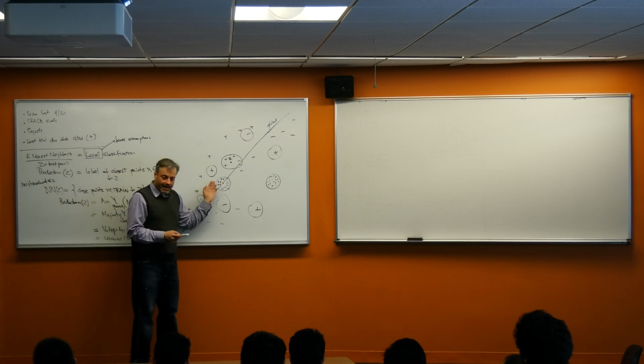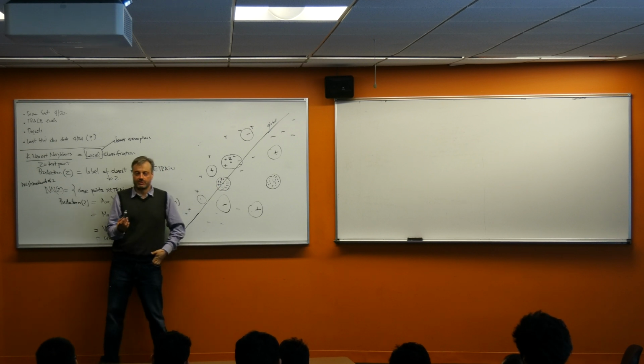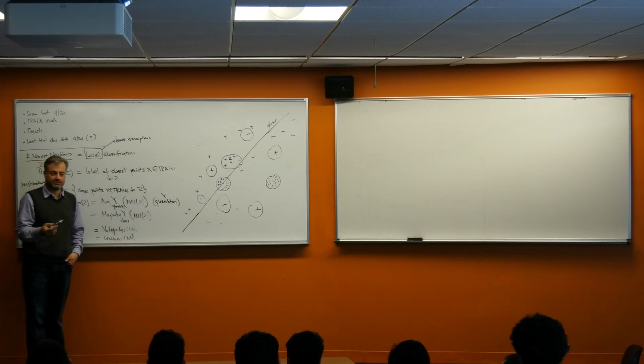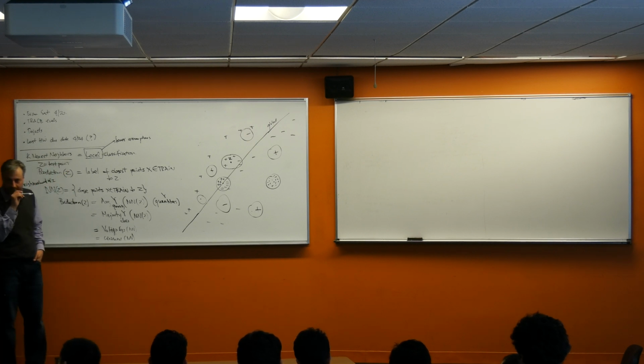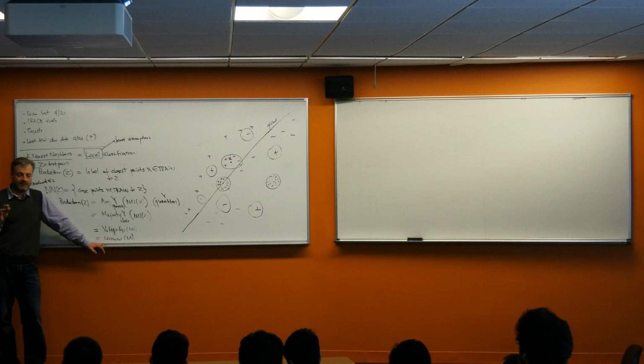This question has to do with the notion of density. How do I measure the probability of something happening based on the evidence in a neighborhood? That's a well-known question, and it has to do with the kernel density estimation subject that we're going to get to. Now, are we all on the same page here? I think this is pretty basic, and everybody knows this.